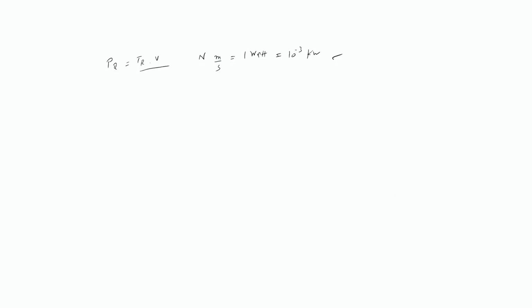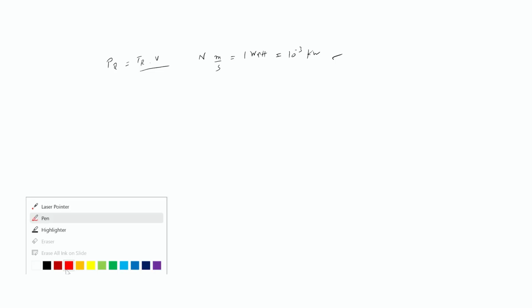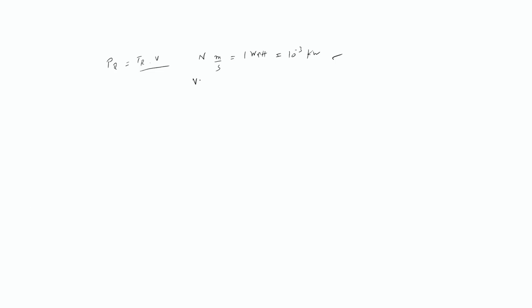Okay, so we saw that the velocity for which power required is minimum is less than the velocity for which thrust required is minimum. Now what could be the reason? Let us see quickly the analytical approach.